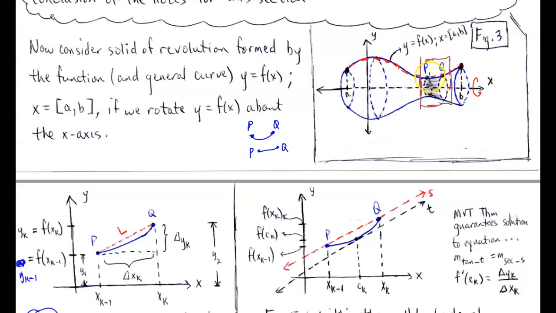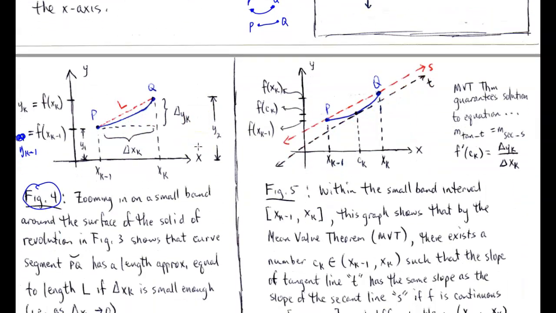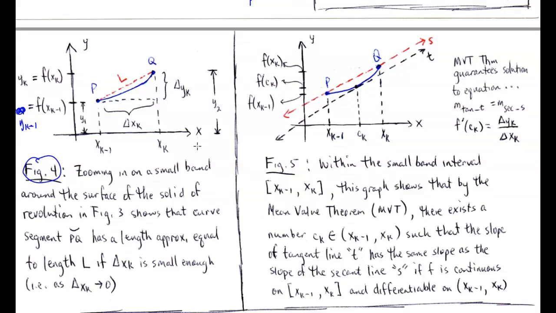But if I'm just looking at the length from P to Q, I take that as one miniature ruler length, and I figure out the surface area associated with that small ruler length, rotating it about the x-axis. That's what you see in figure 4, me setting up what I would need to do that.